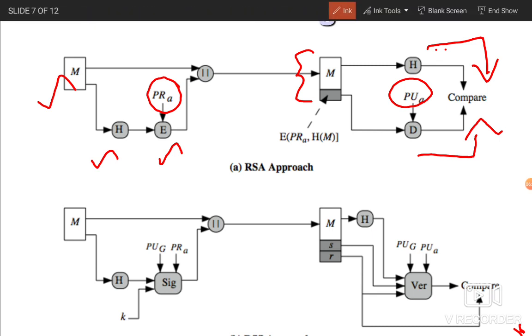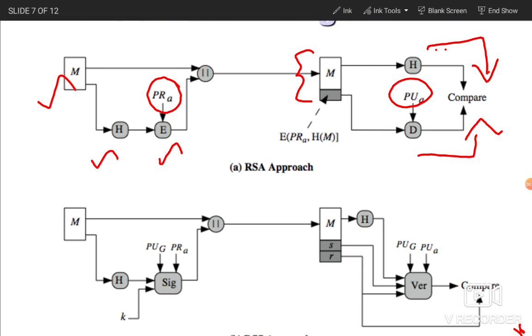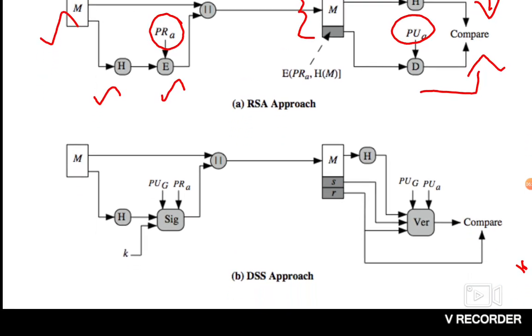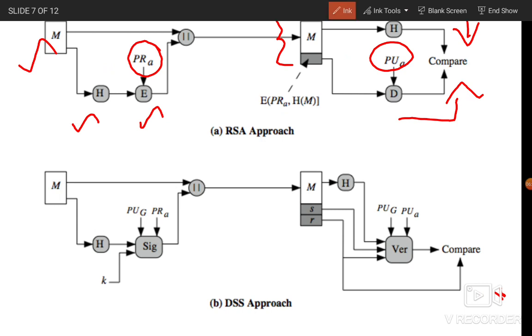So like that you can use the RSA signature, or otherwise we can go with DSS, that is the digital signature standard. So this is the DSS approach. From the original message, again the hash code is calculated, but to create the signature I have a separate function called the signature function, and to verify the signature I have a verification function.